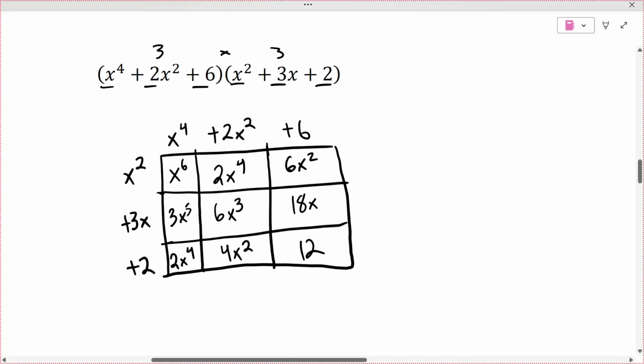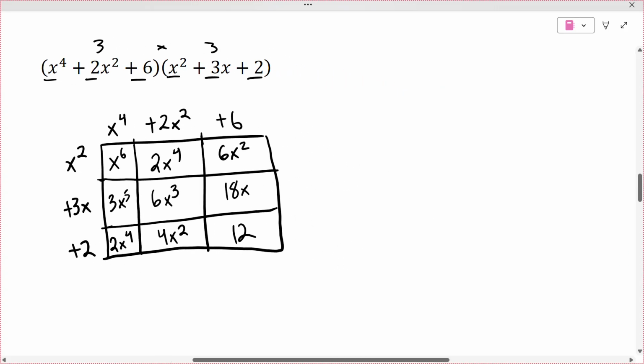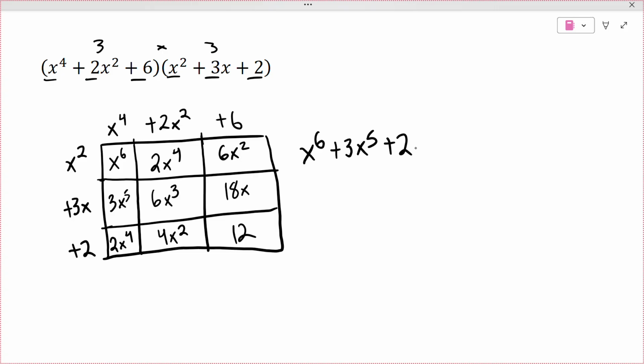Okay, so let's write this out. And as I'm writing it out, I could combine like terms as I write it out. But certainly as I write it out, I'm going to try and write it in standard form. So I'm going to start with x to the 6. Then I'll write the 3x to the 5. Then I have those two x to the 4s. I have 2 of them.